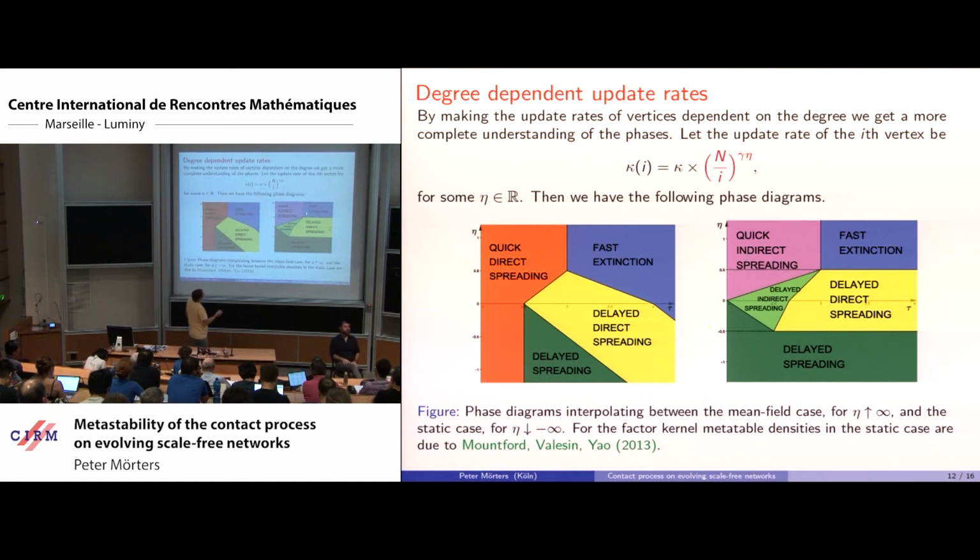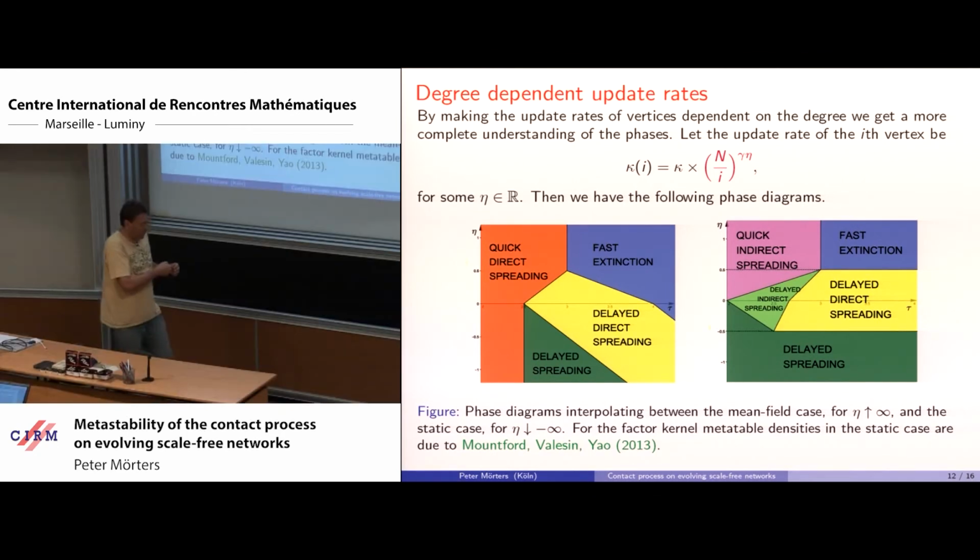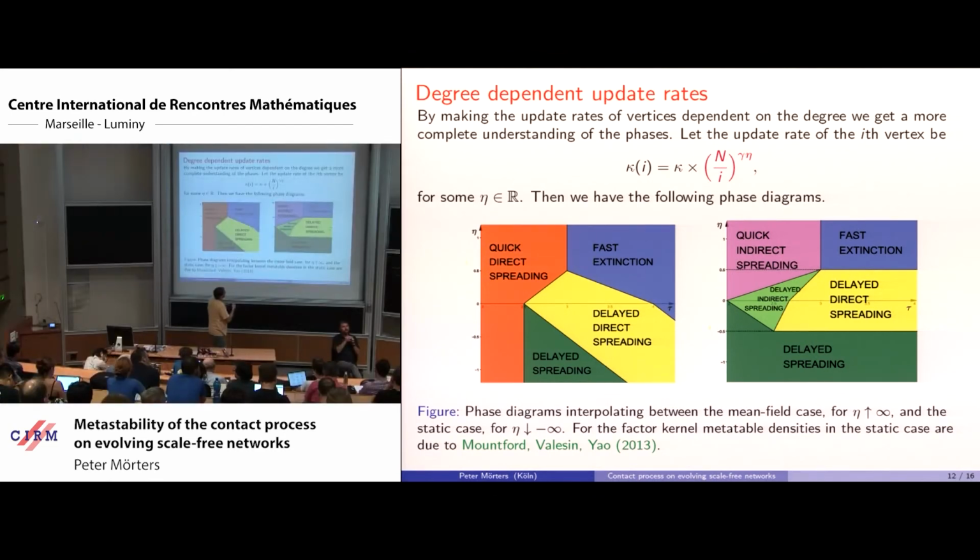And then there is this strange shape where we have the delayed indirect spreading. So we use a different time scale and pass the infection via connectors from star to star, and the delayed direct where this infection moves from star to star.